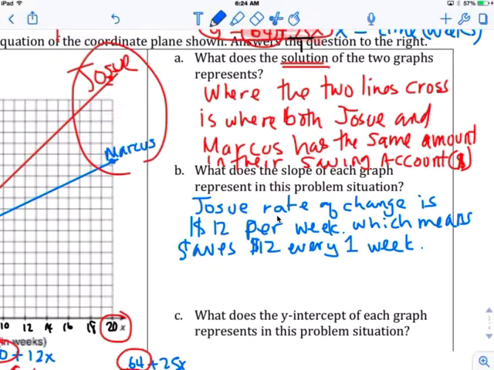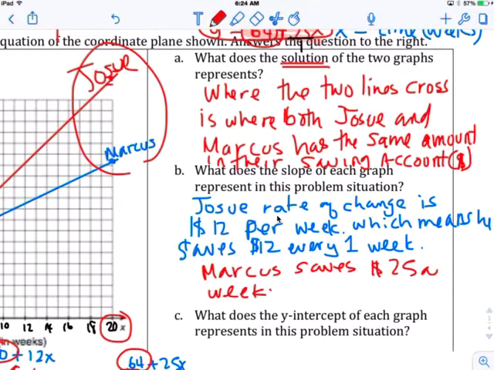Right? I mean, he saves $12 a week, and Marcus saves $25 a week. That's what it all means.